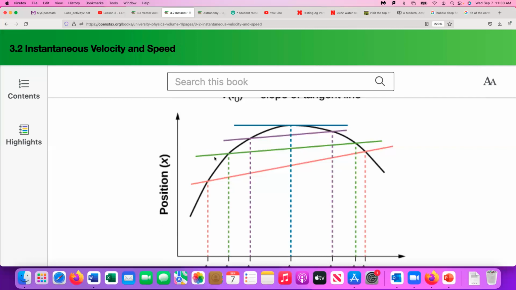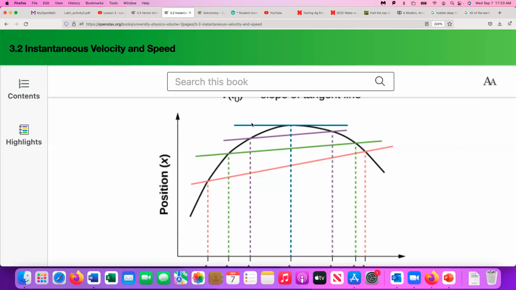And you can see we have all these different representations of slopes between points on the curve. We have the line between this point and this point, between this point and this point, and this point and this point. All 3 of these bottom lines, the orange, green, and purple, represent average velocities between 2 points in time of this ball or whatever it is that's traveling through the air.